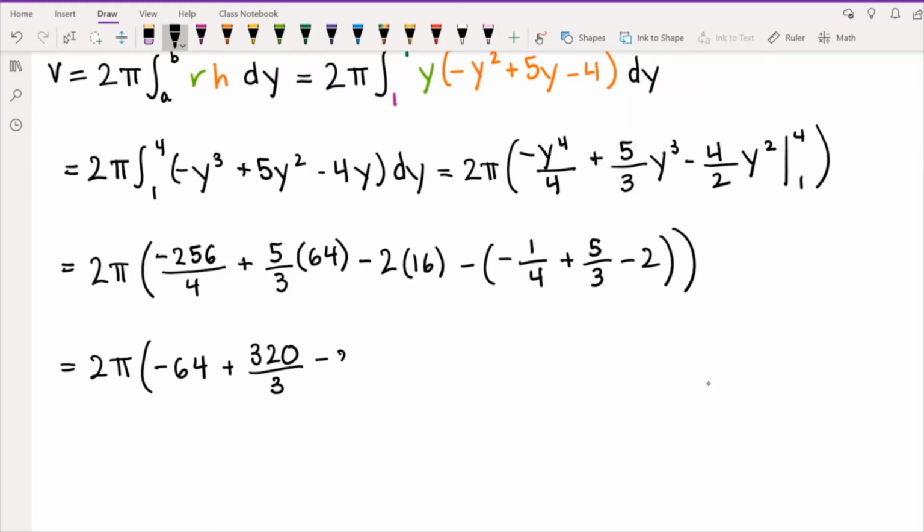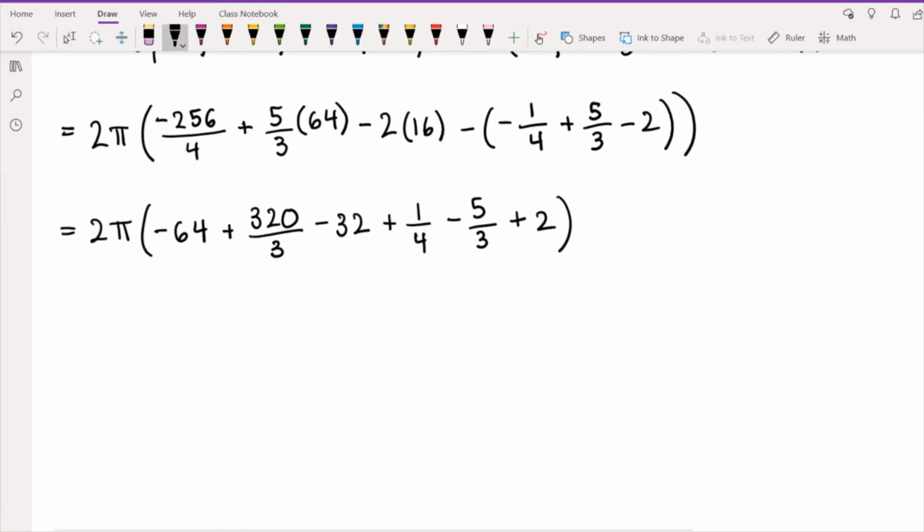And then we have minus 32, and then plus 1/4 minus 5/3, and then plus 2. Okay, so that's going to be 2 pi times, so the negative 64 minus 32 is going to give us negative 96, and then we're adding 2 to that as well, so that's going to be negative 94.